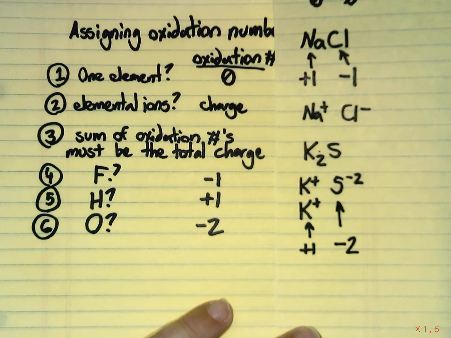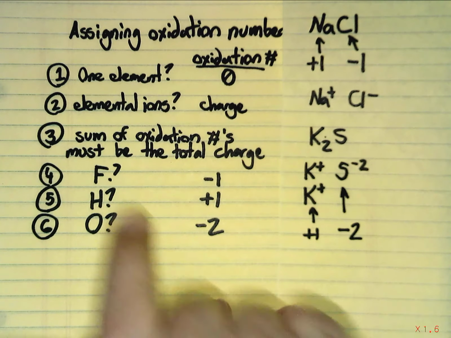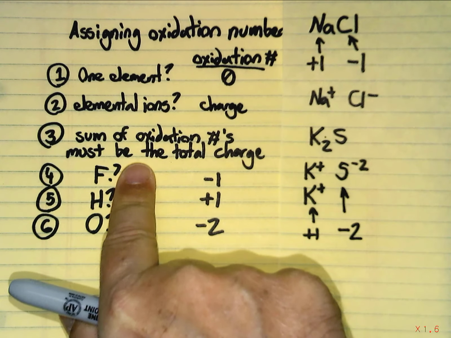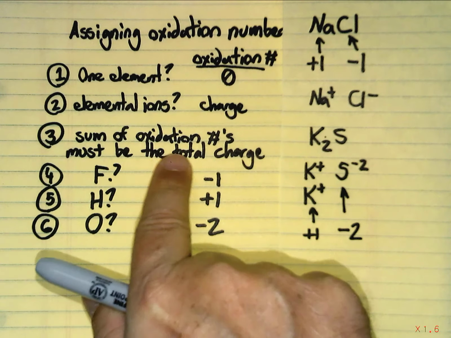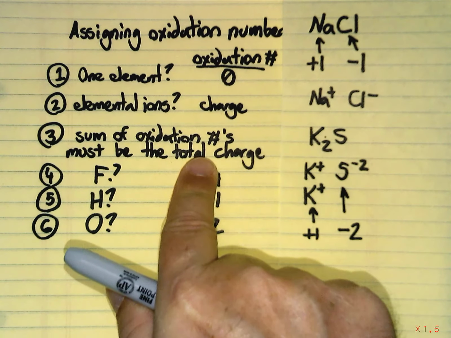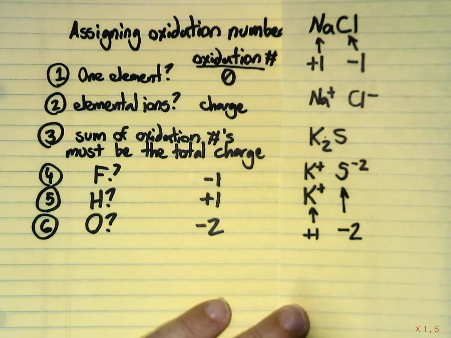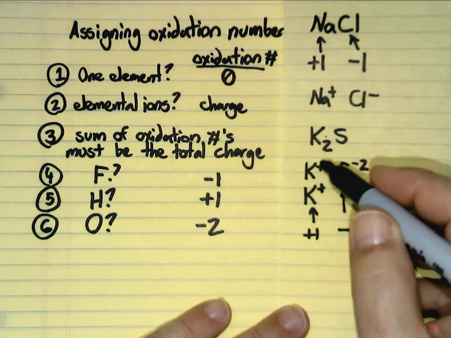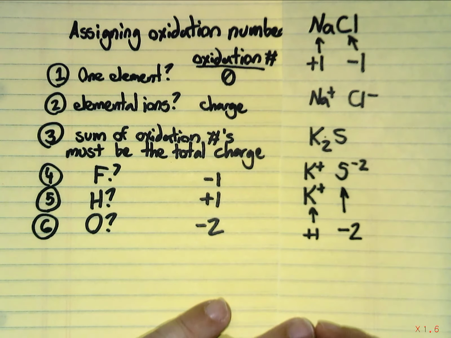Now, one way you can double check this is to sneak a look at Rule 3 here. It says that all of your oxidation numbers have to add up to the total charge. Now, your total charge on this thing is 0. So the oxidation numbers for all of the atoms have got to add up to 0.